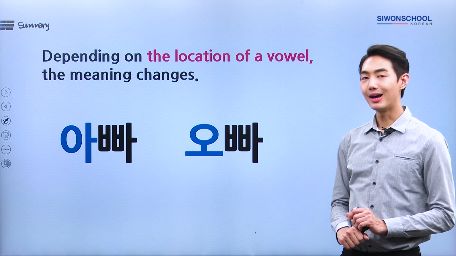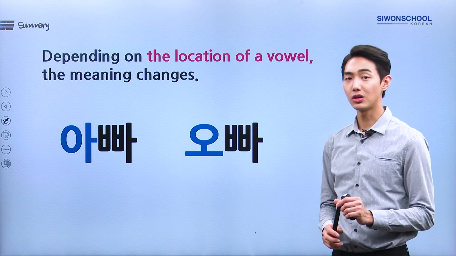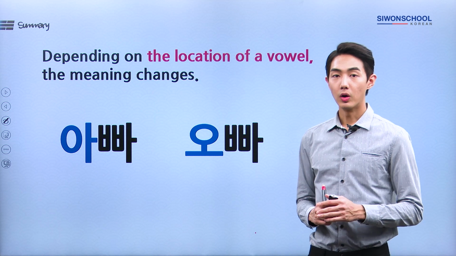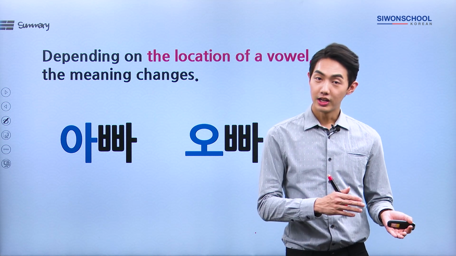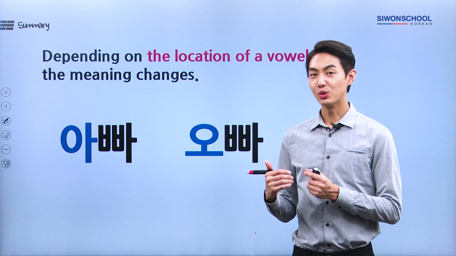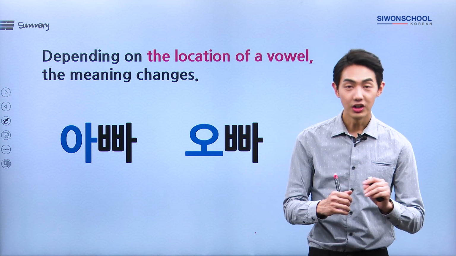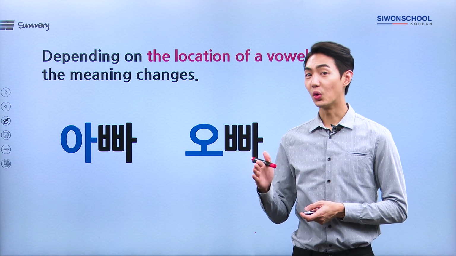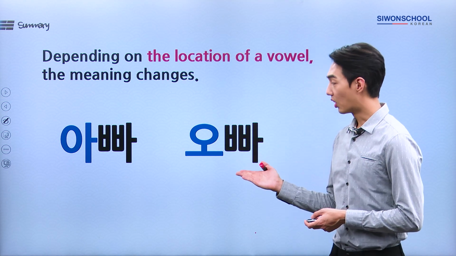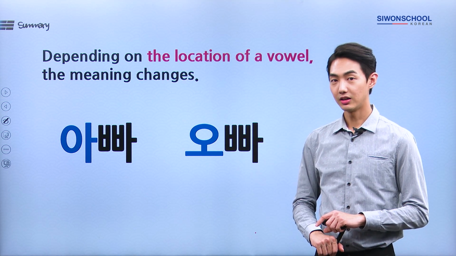What do you think 오빠 is? It's actually called brother, or if you're a girl and you're meeting a guy who is older than you, you call him 오빠, okay?